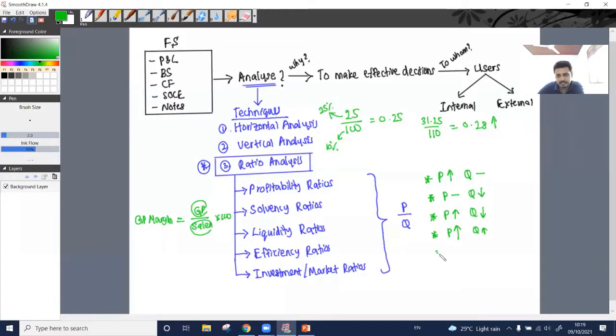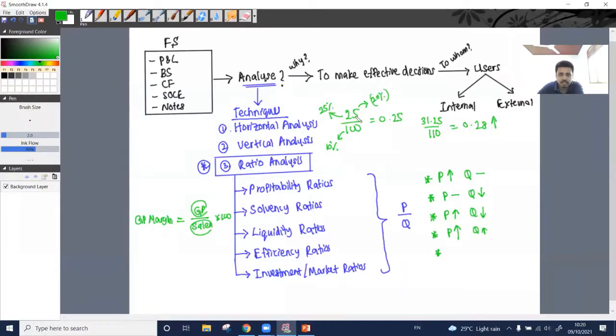What else? We can take the opposite of this as well. Assume I am going to reduce the figure in the numerator by 20%.